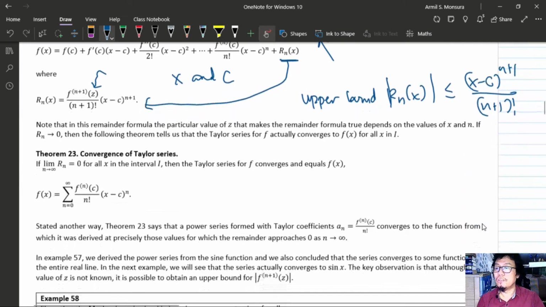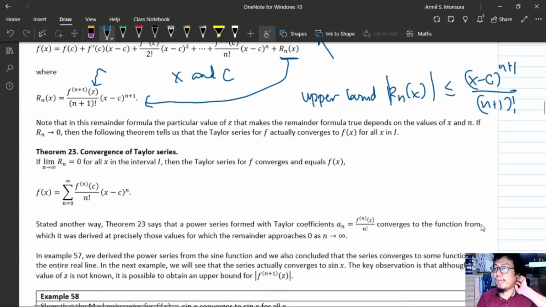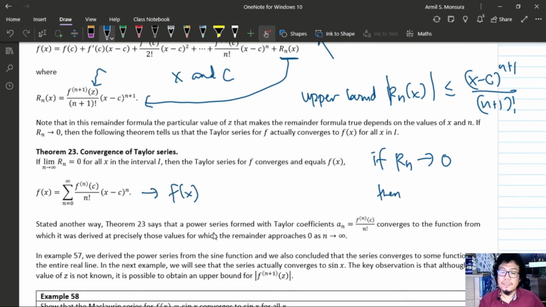So if we can prove that your error or your remainder approaches 0, we can say that your Taylor or Maclaurin series would converge to f of x. If the remainder approaches 0, then this Taylor series would approach your f of x, or would converge to f of x.